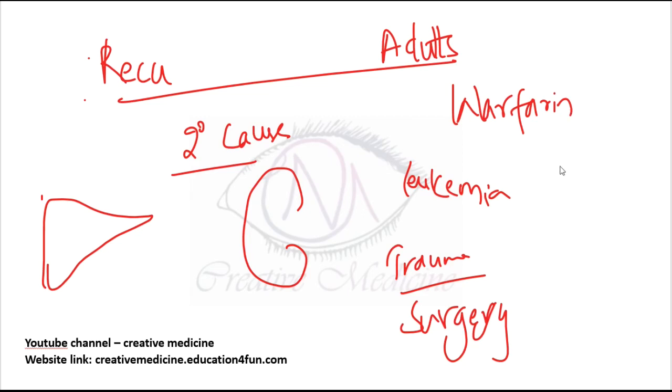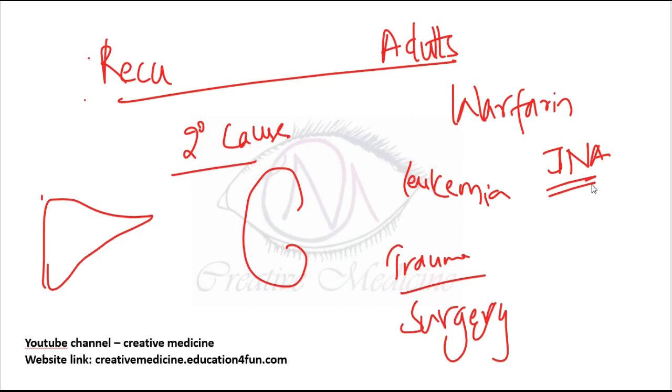Then there can be juvenile nasopharyngeal angiofibroma. Juvenile nasopharyngeal angiofibroma is seen in young pubertal males, young males of 14 to 15 years of age, who have recurrent bleeding, recurrent hemorrhage.